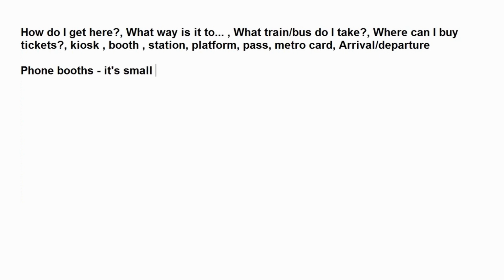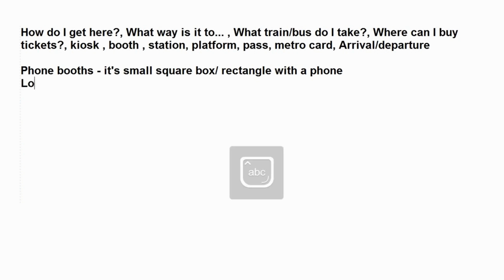It's a small square, not really a building, but like a box or a rectangle with a phone, right? That you can pay for. Now they don't exist anymore. Only in like London and some places. London has red phone booths, right?